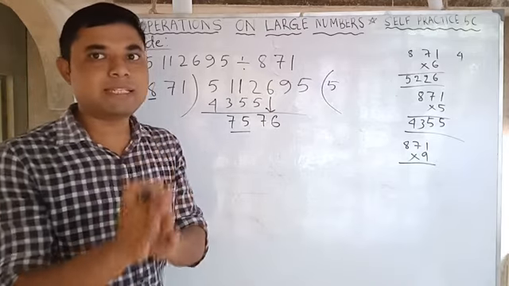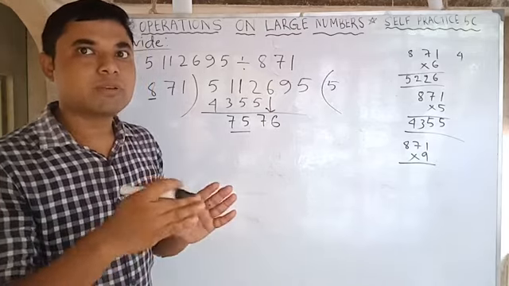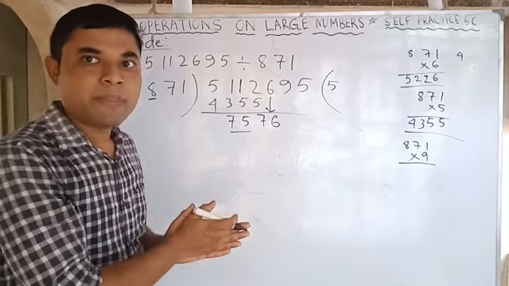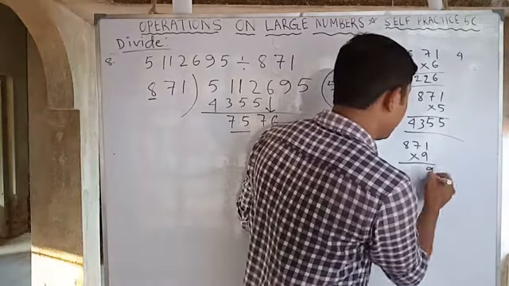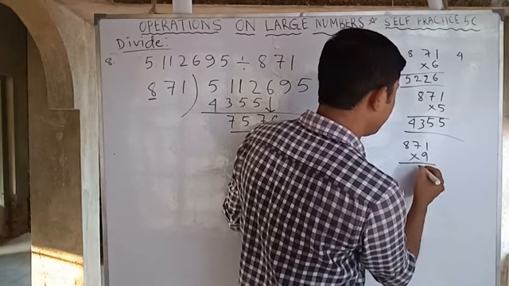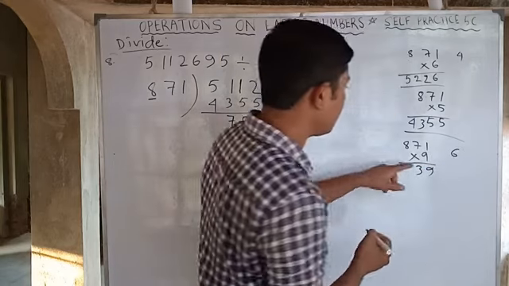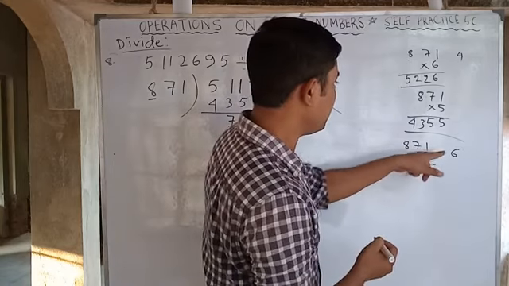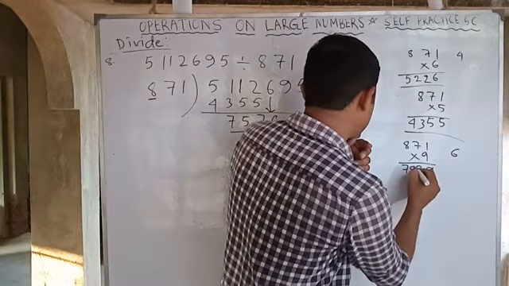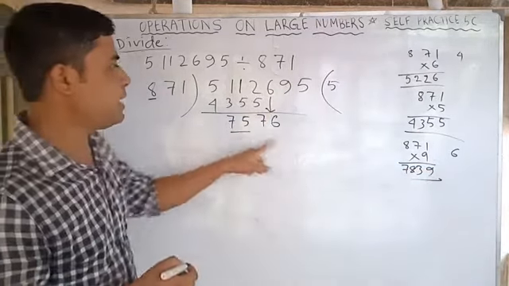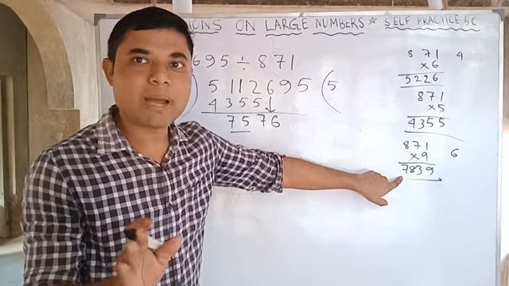If it is more greater, then we take the previous digit. So by 9, 9 ones are 9, 6, 7 9s are 63, 6, 72, 72 and 6, 78. Check it. Oh, it is 75, it is 78. That means we have to move back.